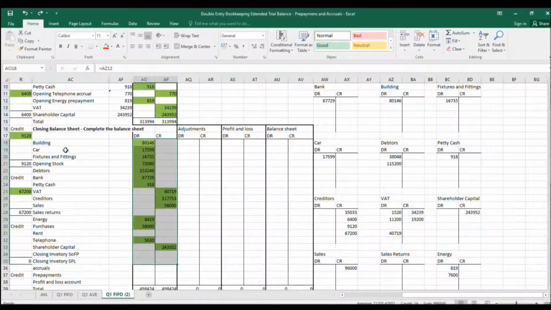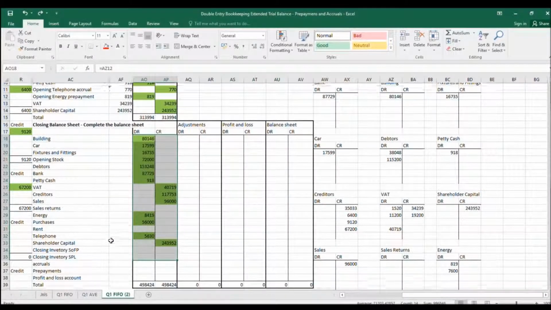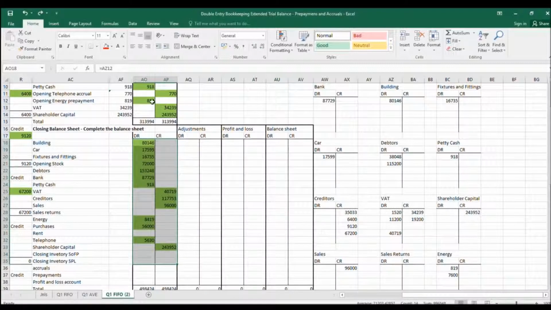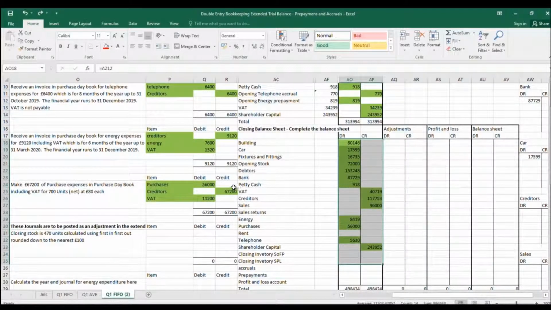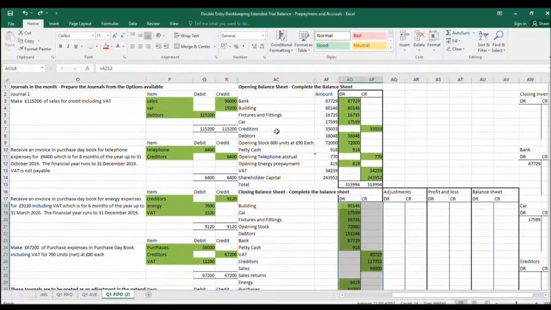Now, what we'll see in our draft trial balance is we don't see this opening telephone accrual and this opening energy prepayment appearing in here. And what we'll see is that these are actually cleared off on the first day of the following financial period. So if that opening trial balance was the closing trial balance at the 31st of December 2018, then on the 1st of January 2019 these accruals and prepayments were reversed.